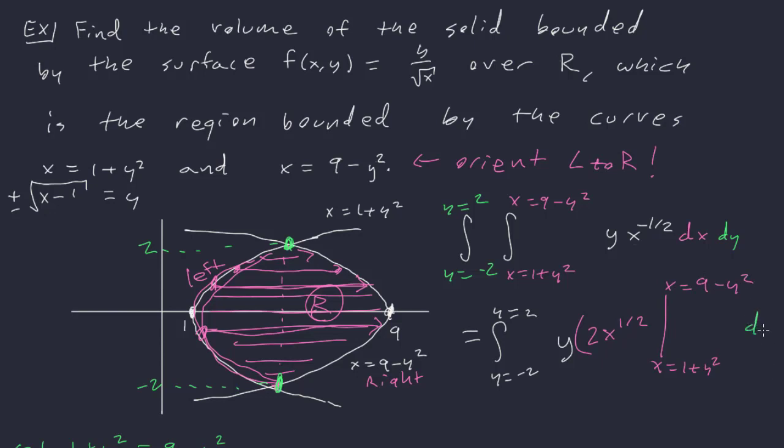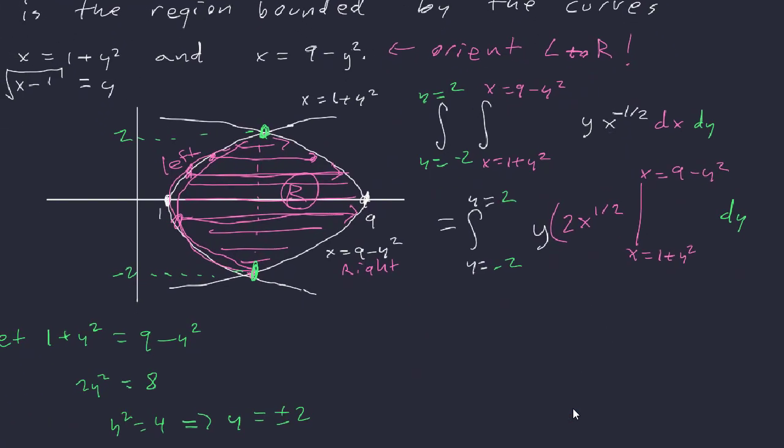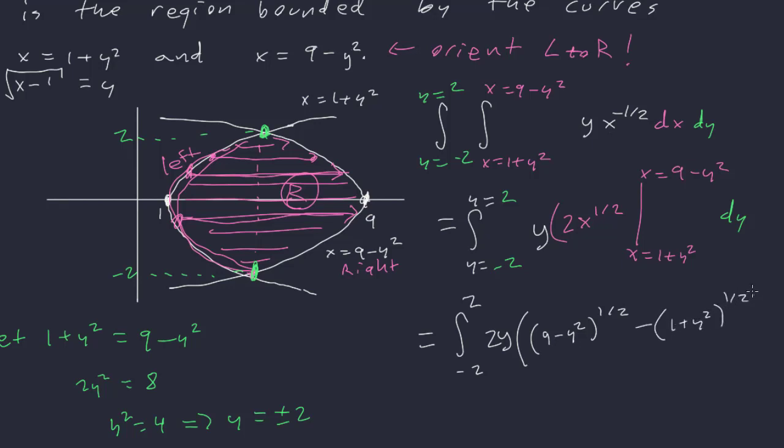Right, and we'll have the dy on the outside. Okay, now we'll plug and chug with our fundamental theorem of calculus, and we'll get -2 to 2y. And let me take that 2 out here, and then inside we'll get, it's x to the 1/2, so it will be 9 minus y squared to the 1/2 minus 1 plus y squared to the 1/2.